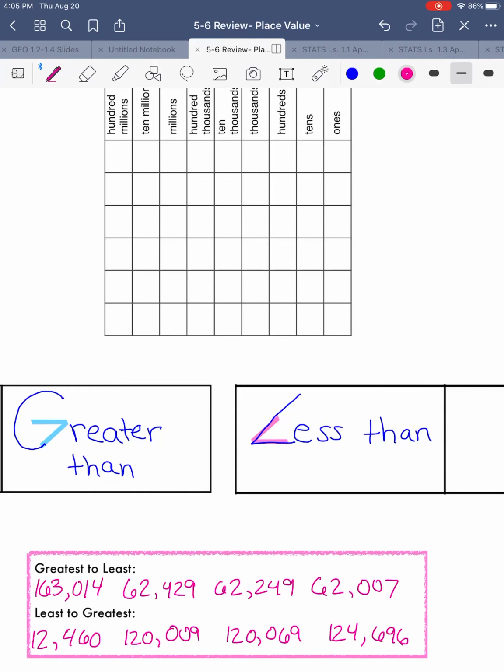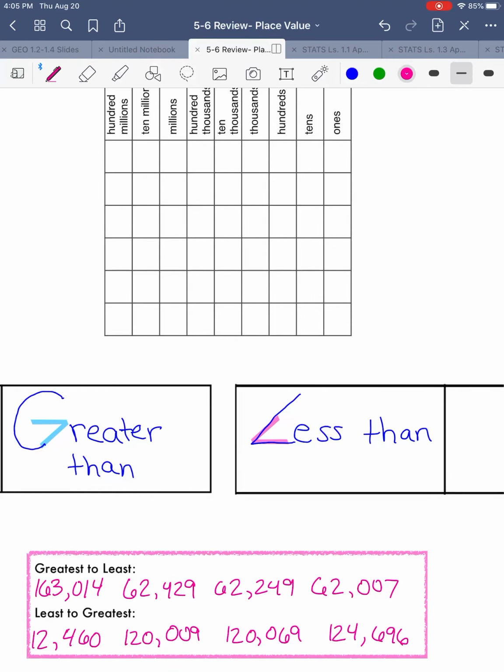So if I did something like this, that symbol here does not look like an L, it's backwards. So that has to be a G, and we would say 48 is greater than 16. So that helps you at least visualize it a little bit so you have the proper way of reading it.